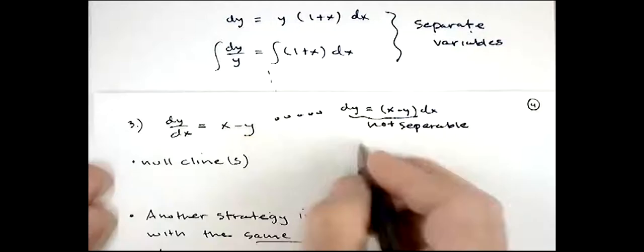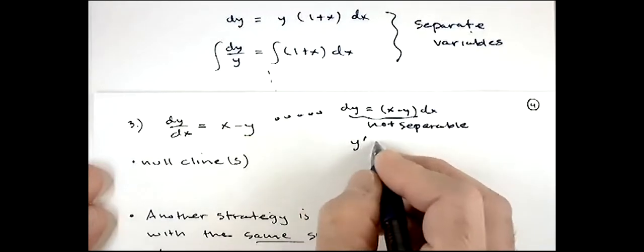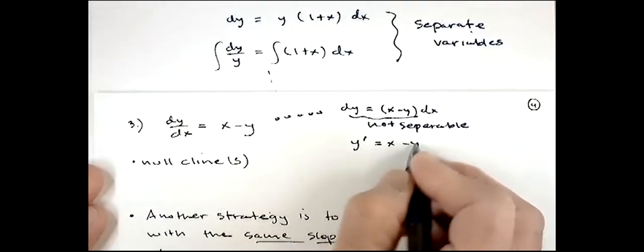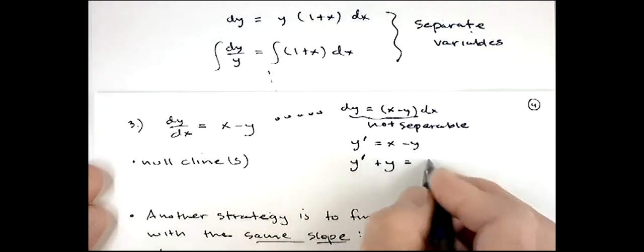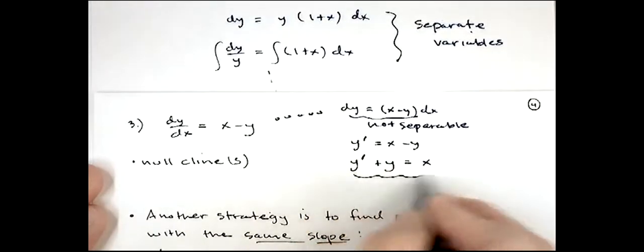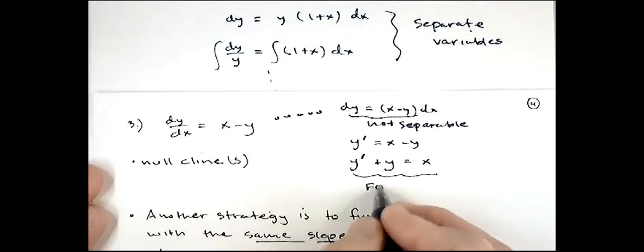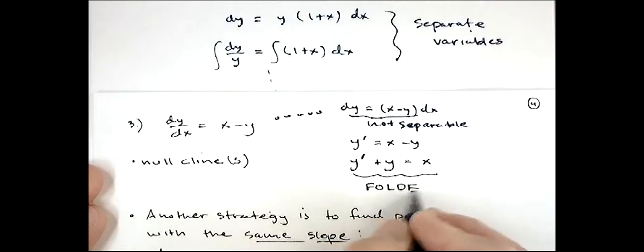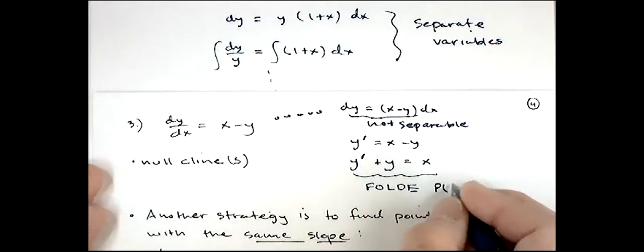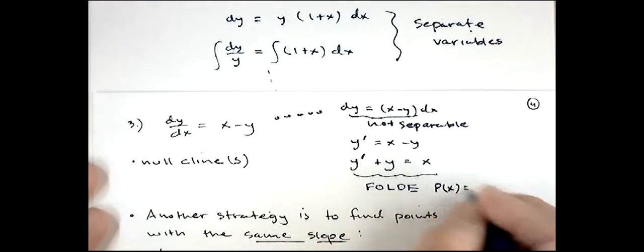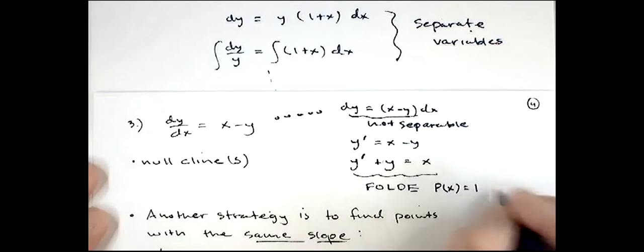But if you viewed this as y prime equals x minus y, move the y over to the other side, how many people see this as a first order linear differential equation? That has the form where your p of x is just the 1 here, and your q of x is x.